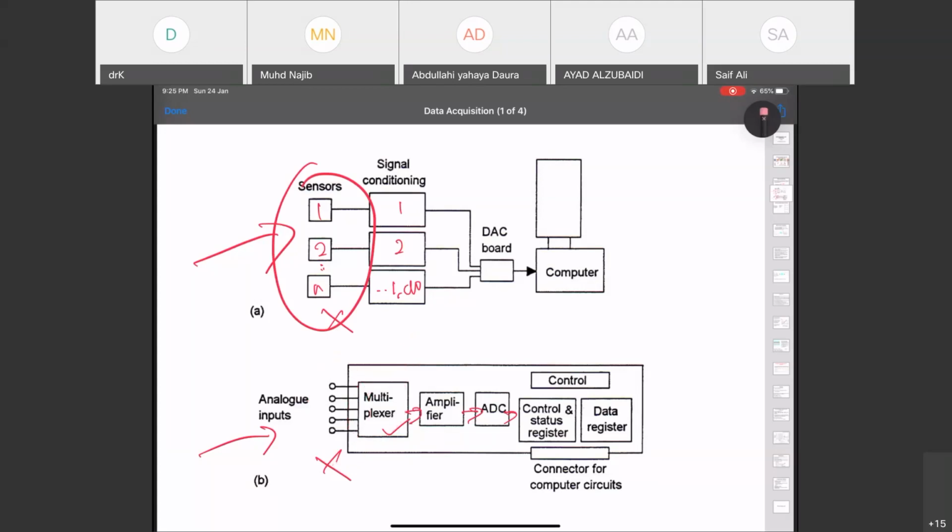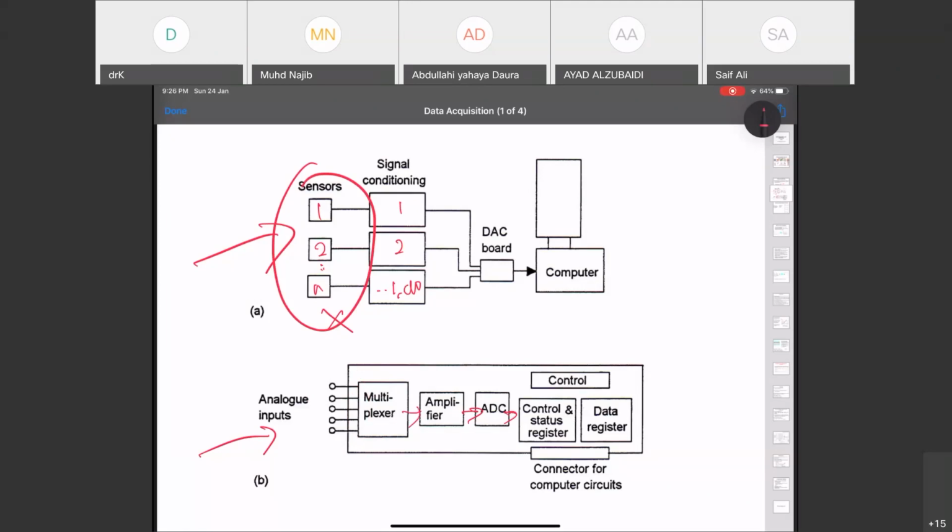The multiplexer's job is to switch between inputs that channel to the amplifier.